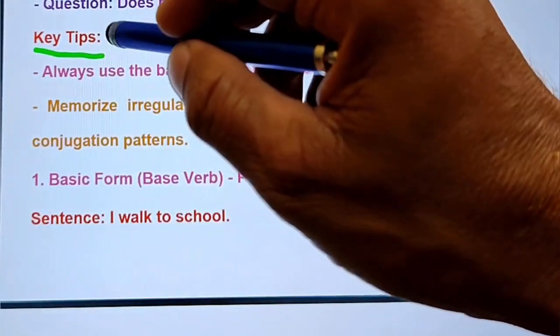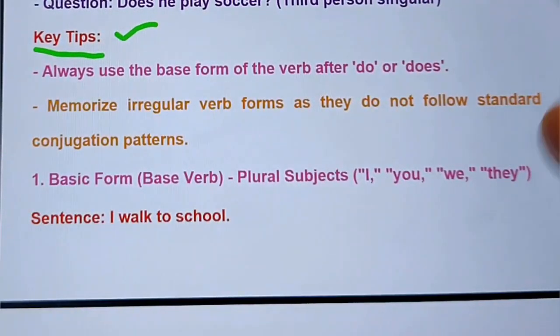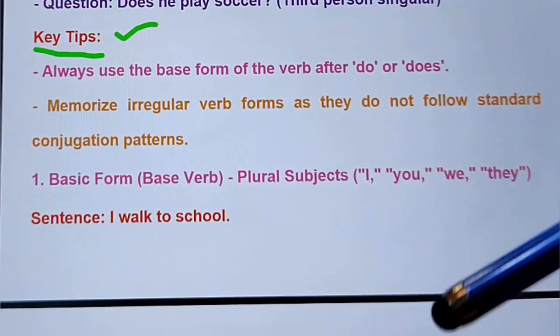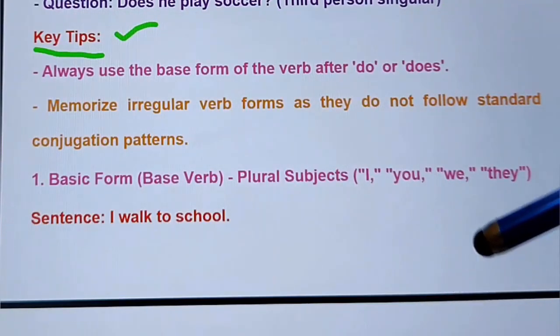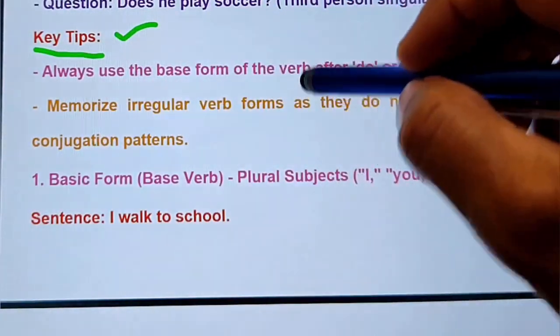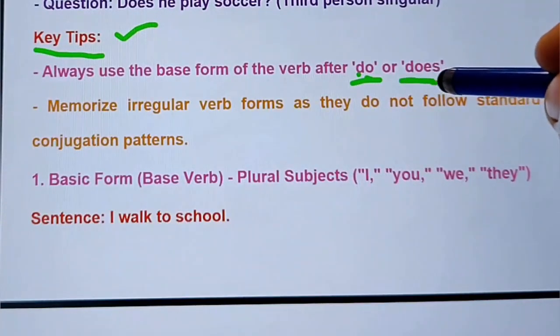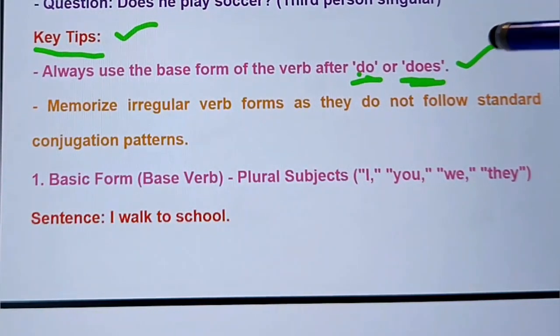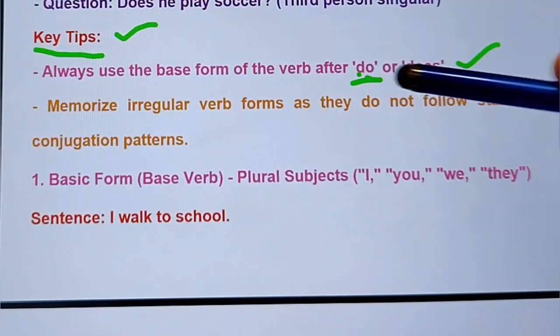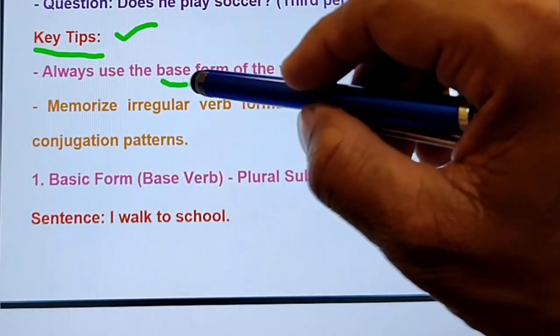Key tips for you on how to use a verb in simple present tense. By remembering these, it's very easy for you to understand how to use a verb in simple present tense. Always use the base form of the verb after do or does. When you find do or does in a sentence, use the base form as it is.